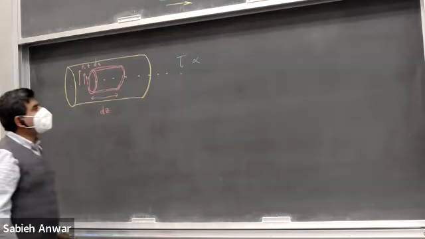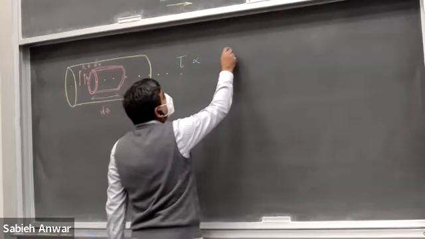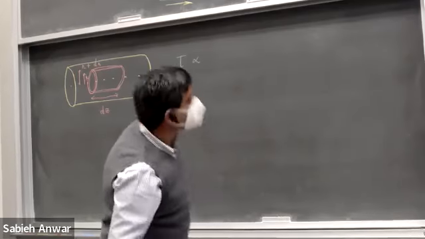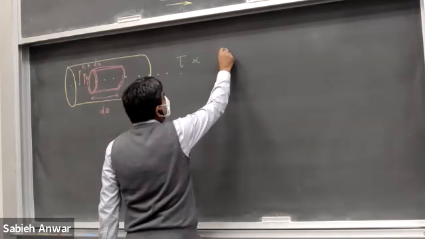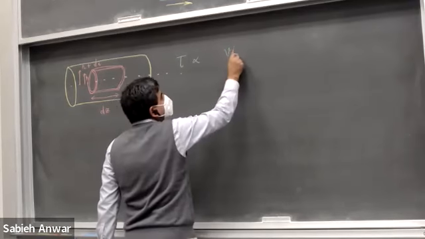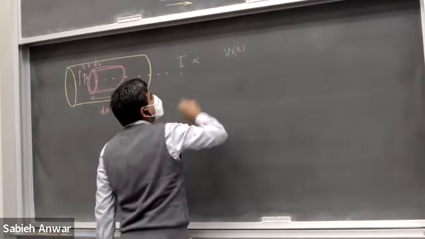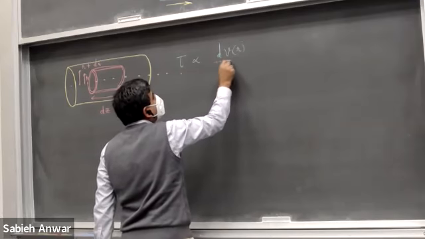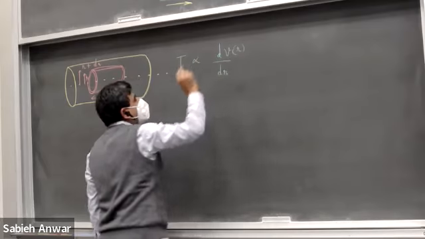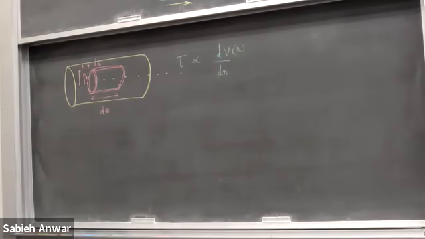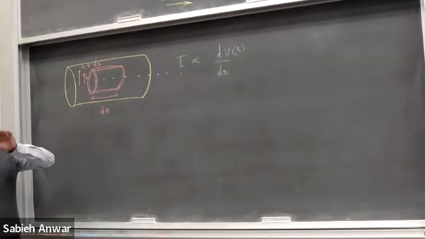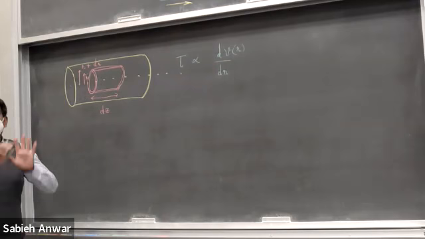All right. So now how would I define that? I would define that by taking the v, which is the speed, a function of r, and I would like to find out how this changes with the radius. So what is the strain doing here? The strain is moving different layers of the fluid with respect to one another.